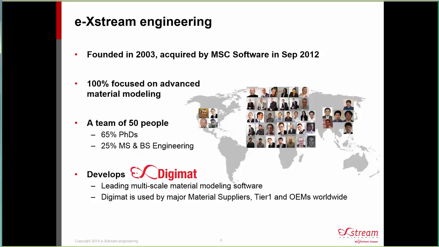Our team is composed of 50 people, more than half of them PhDs in material engineering, and all the rest are engineers. We develop Digimat, today a leading multi-scale material modeling software. Digimat is used by most material suppliers worldwide, and by a big part of the OEMs in the automotive industry, and also tier ones.